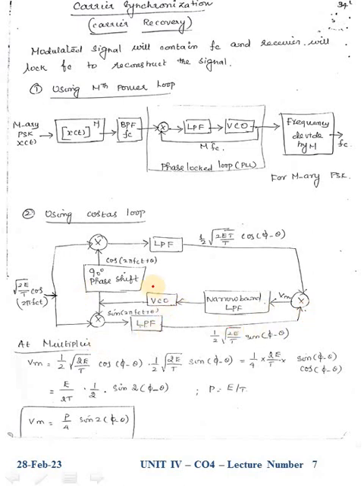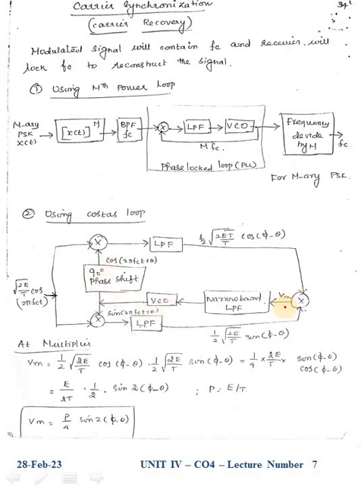Here also we are using one VCO. This again acts as a phase lock loop. The output from the summer block is given to the low pass filter. This narrow band low pass filter allows only the low frequency signal, which is nothing but the required Fc, and the VCO is locked to that particular carrier frequency, and again that is given to the phase shifter.